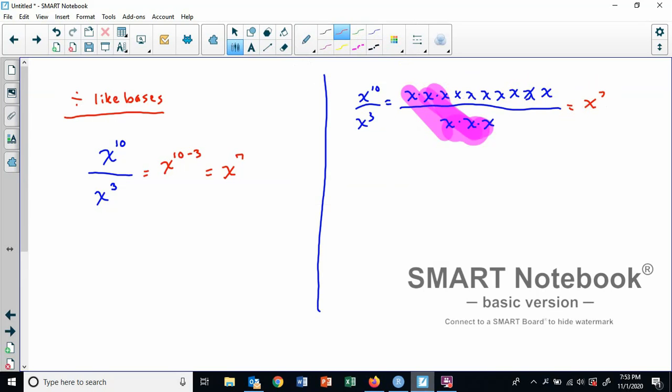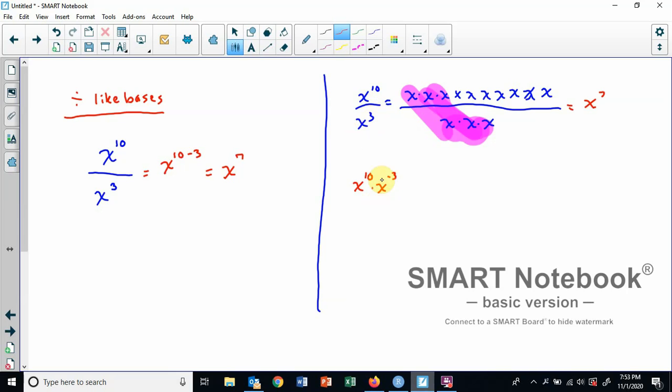Now, there's another way to show this one. I could move this x to the third up to the top with it, right? Now, if this confuses you, you can just not pay too much attention to it, but from the last rule we just had, if I move a base and its exponent up or down in the fraction, it changes the sign. So if I took this positive x to the positive 3 and moved it up with the other x, I would get x to the negative 3, right?